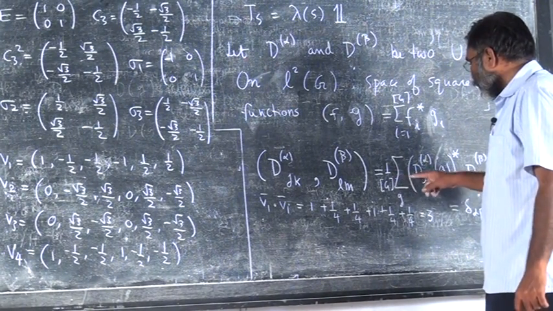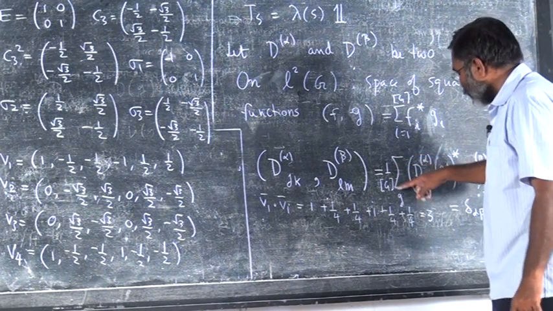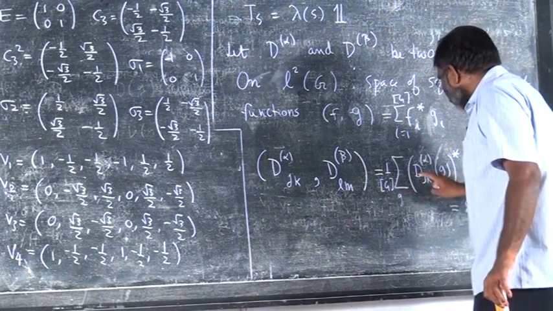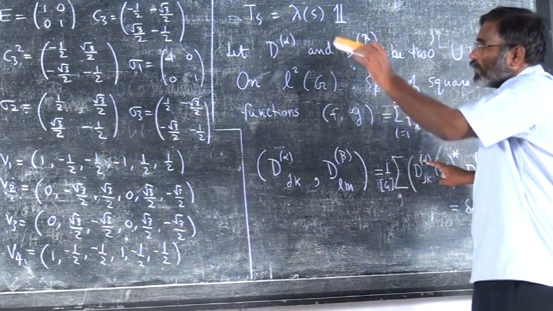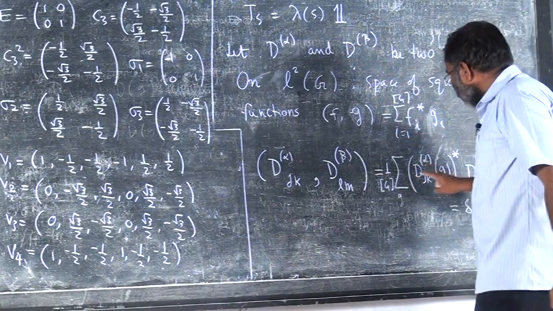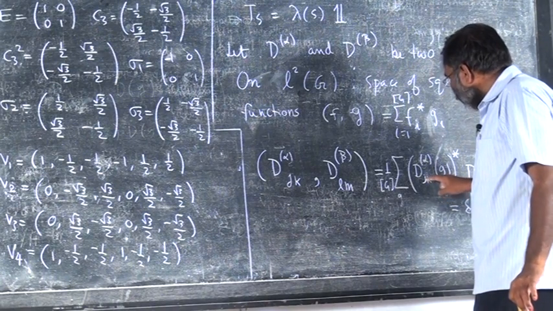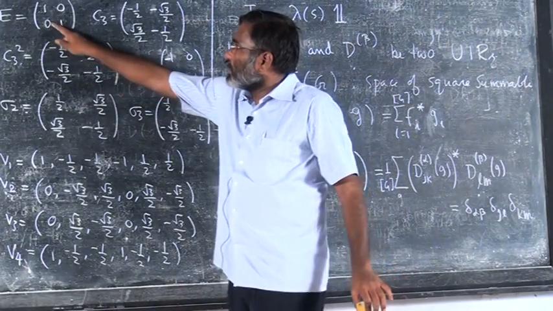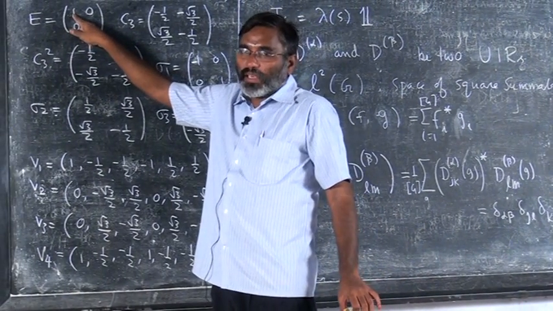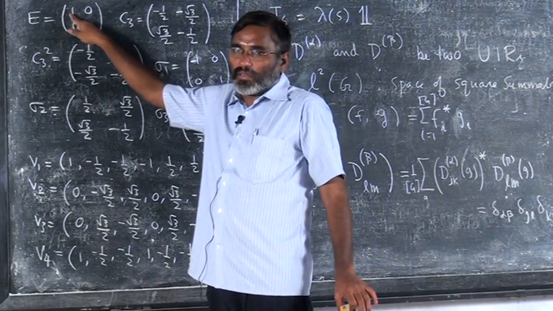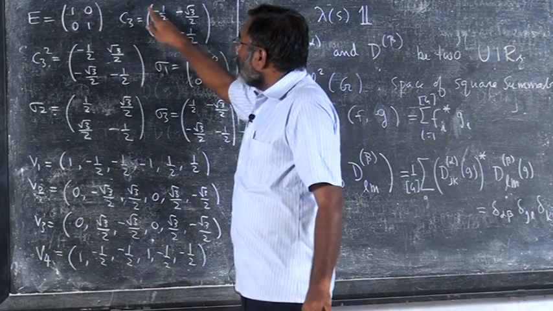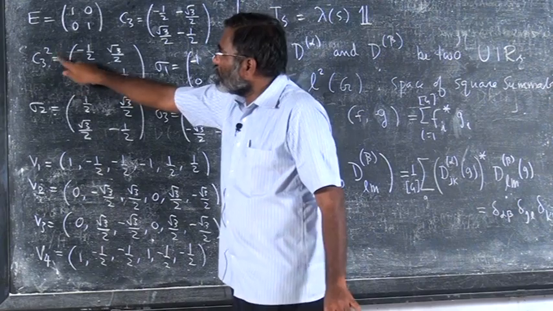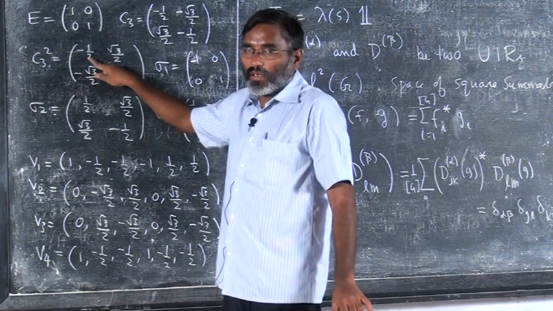But then when you are doing this dot product, see, alpha is the representation, and d jk, if I put j equal to 1, k equal to 1, is the element d11 of E. d11 of E is this, d11 of C3 is this, d11 of C3 squared is this, like that.